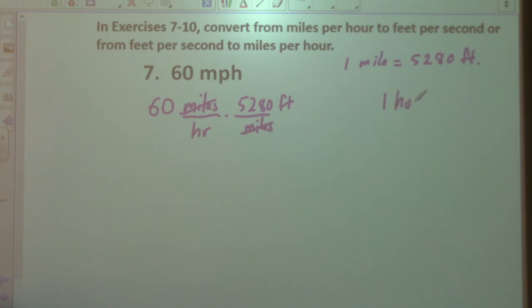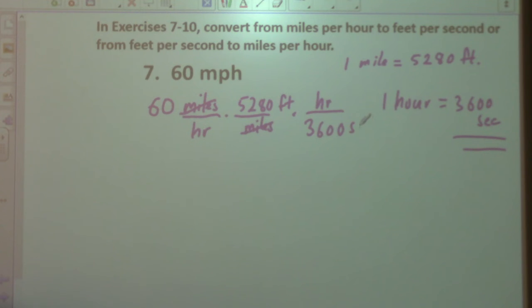An hour is going to be 3,600 seconds, right? And we're going to pick this up later. That's going to be something to remember. So now, to cancel out hours, what do we have to put up here? Hour, right? And what goes down here? 3,600 seconds.